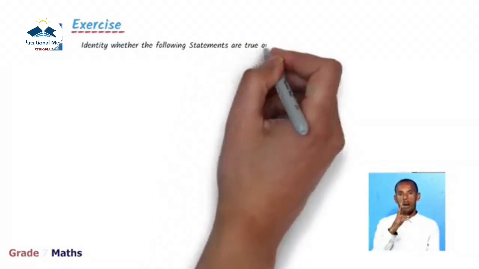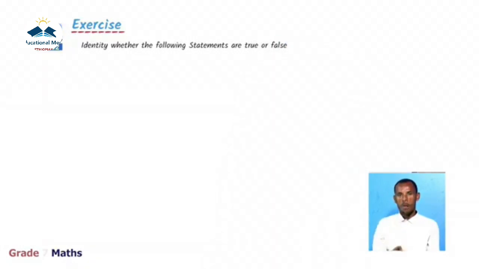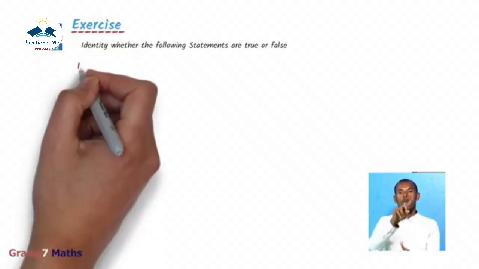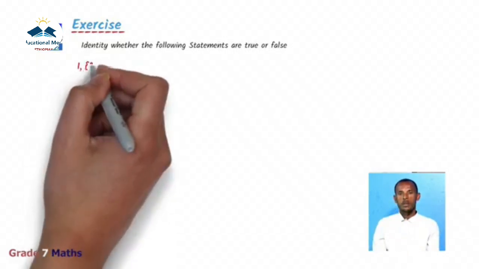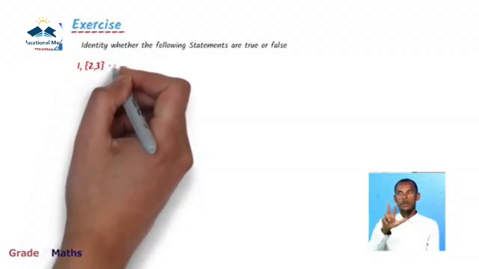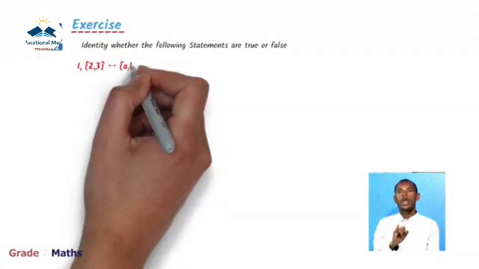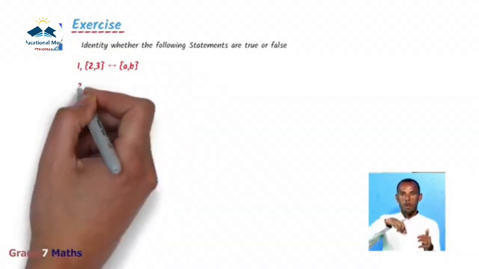Okay, the first question. 2, 3 is equivalent to A, B.